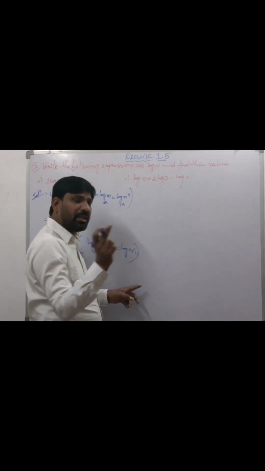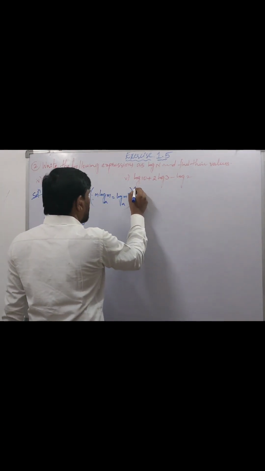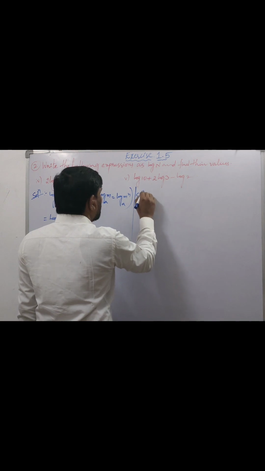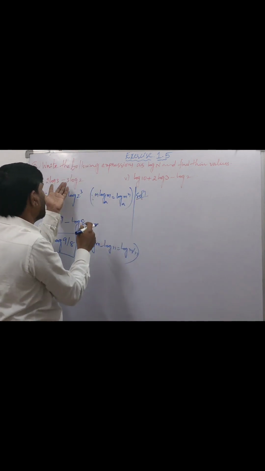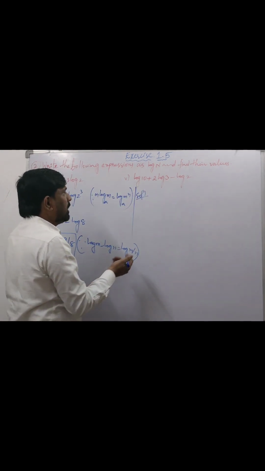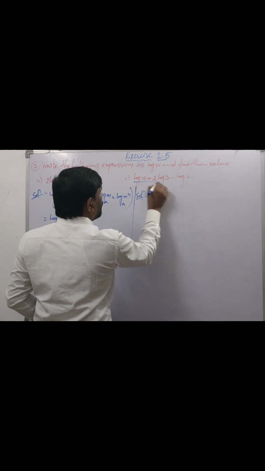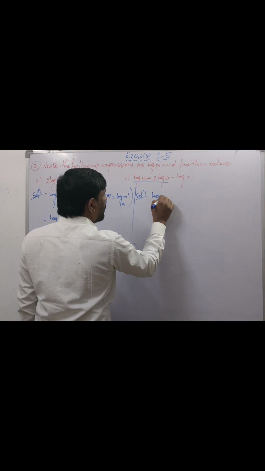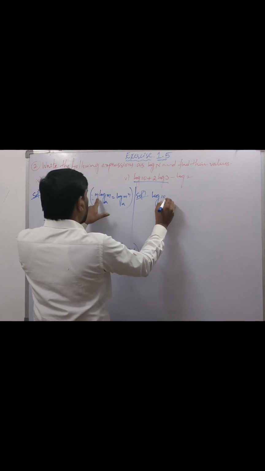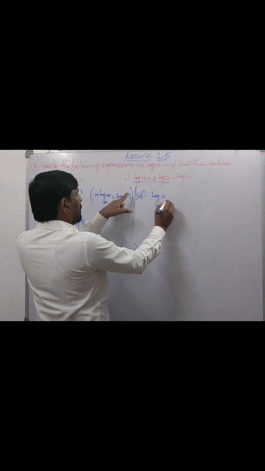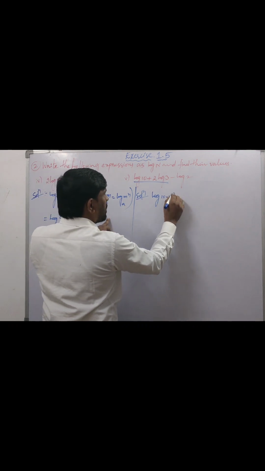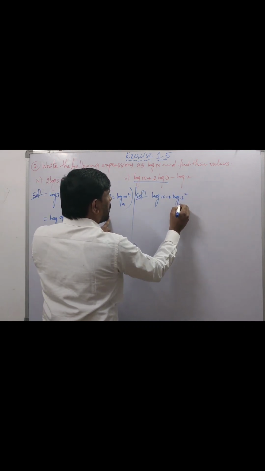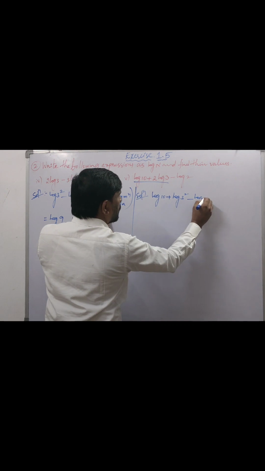Clear? I hope this is understood, right? Are you following, everybody? Please. Now the solution of this problem follows the same procedure. Here 2 terms are there, here 3 terms are there, right? Now first you try to do this sum. Before proceeding with the sum, what you need to do? This is again in the form n log m to the base a is equal to log m to the power n to the base a. So logarithm of 3 square minus log 2, right?